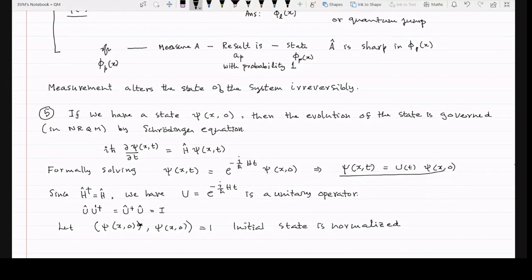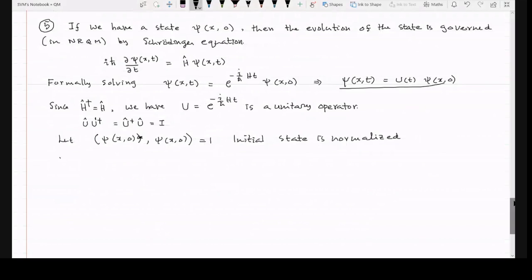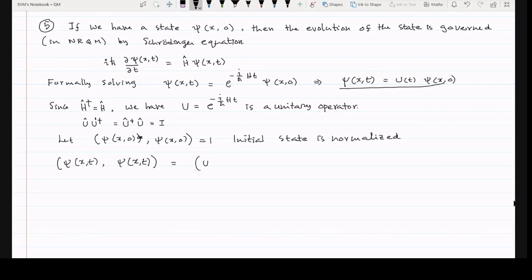Okay. Now suppose I ask what is the inner product of psi of x comma t with psi of x comma t. This is nothing but the inner product of U psi of x comma 0 with U psi of x comma 0, because that is how psi of x t is defined from this equation.